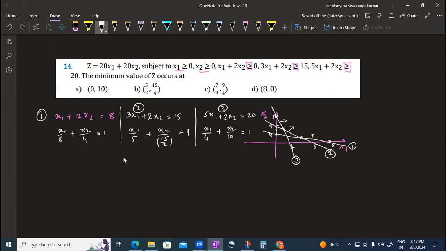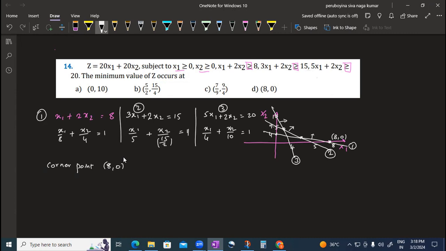And you know the corner points. This corner point is 8, 0.